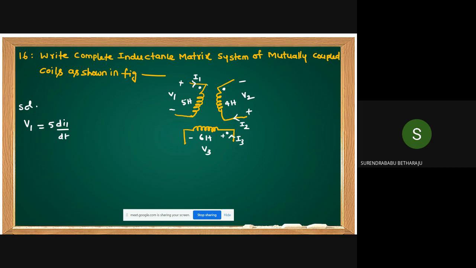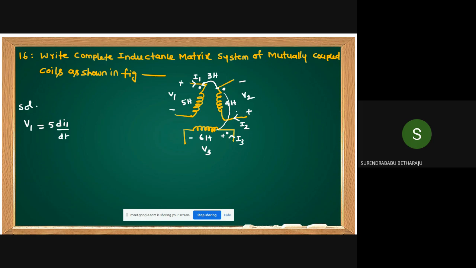And the coils are coupled. These three mutual inductances are given. This is 3 Henry. And this mutual inductance is given as 4 Henry between these two.